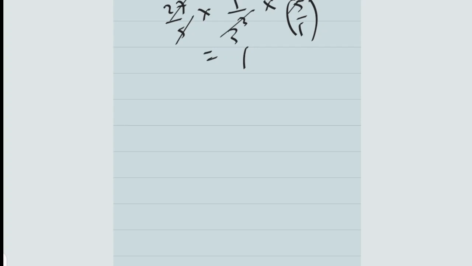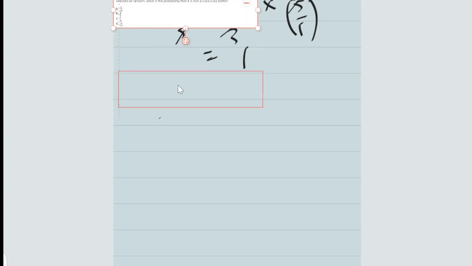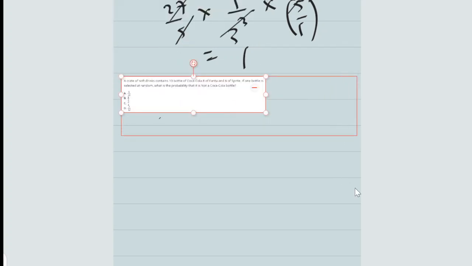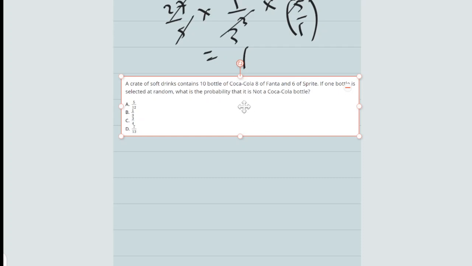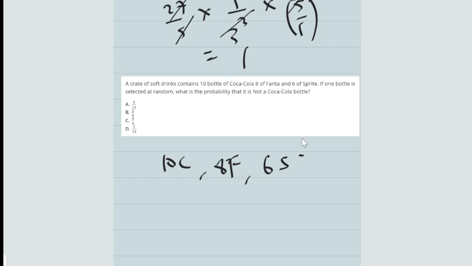The question says a crate of soft drinks contains 10 bottles of Coca-Cola, that is 10 Coca-Cola, 8 Fanta, and 6 Sprite. If one bottle is selected at random, what is the probability that it is not a Coca-Cola bottle?